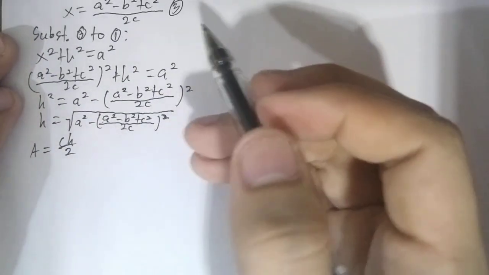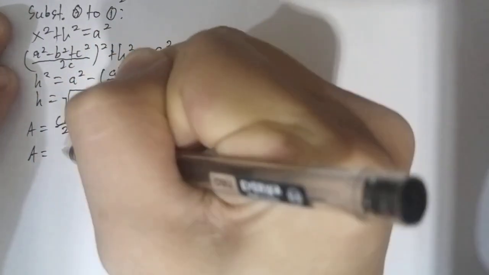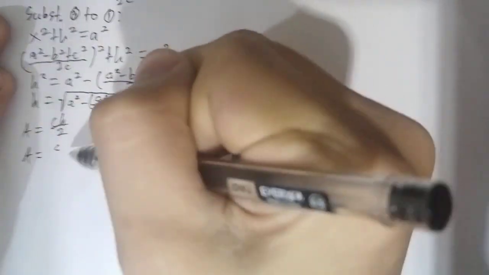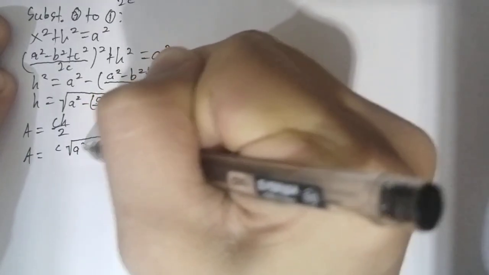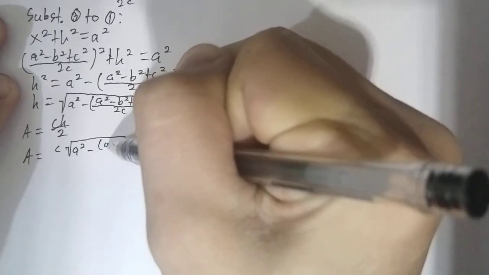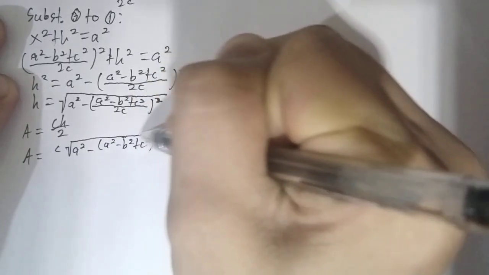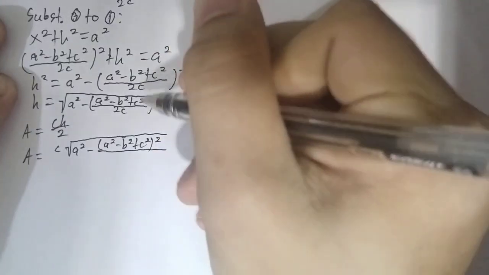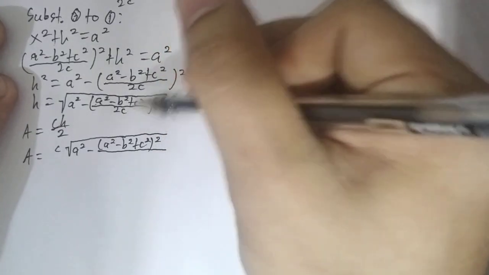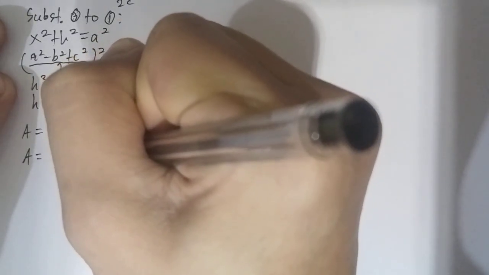Substituting this formula for h, we would find that the area is equal to c times the square root of a squared minus the square of (a squared minus b squared plus c squared), all over the square of 2c, right, which is 4c squared.